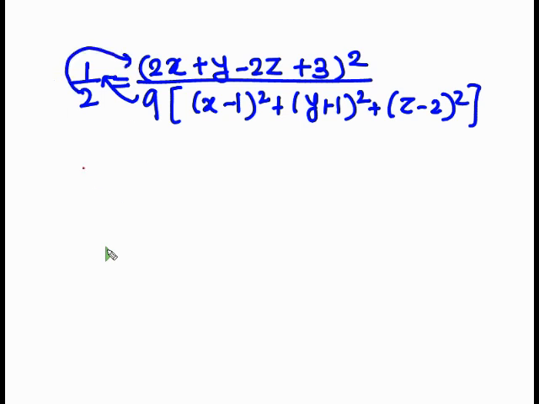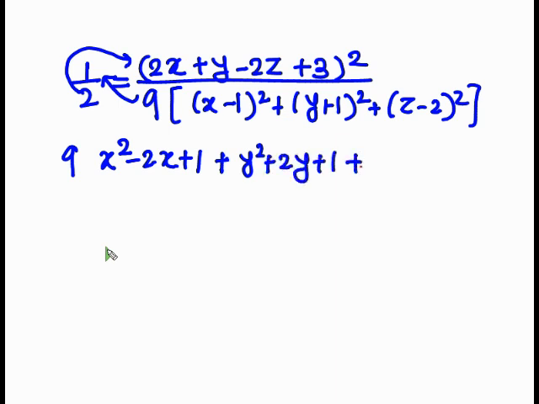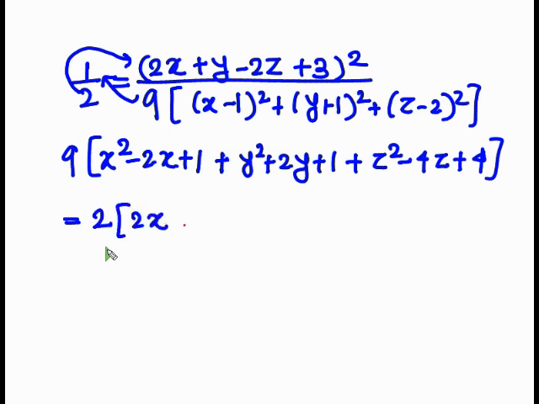So we get 9 times: (x - 1) square is x square - 2x + 1, plus (y + 1) square is y square + 2y + 1, plus (z - 2) square is z square - 4z + 4, is equal to, multiplying with this 2, 2 times (2x + y - 2z + 3) the whole square.